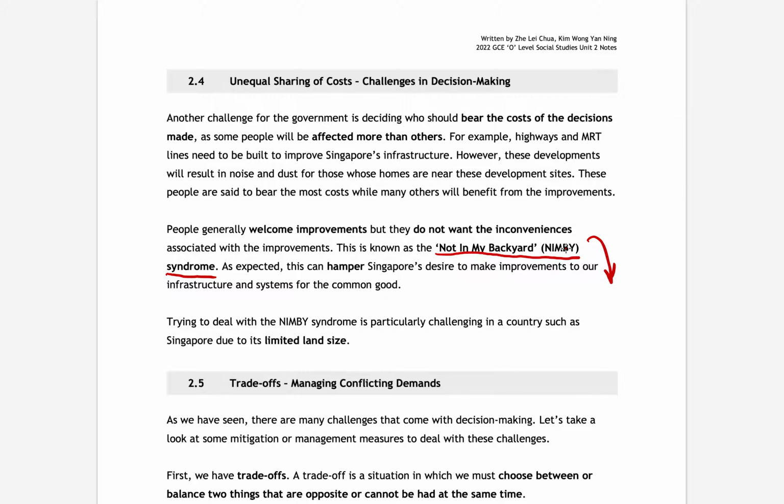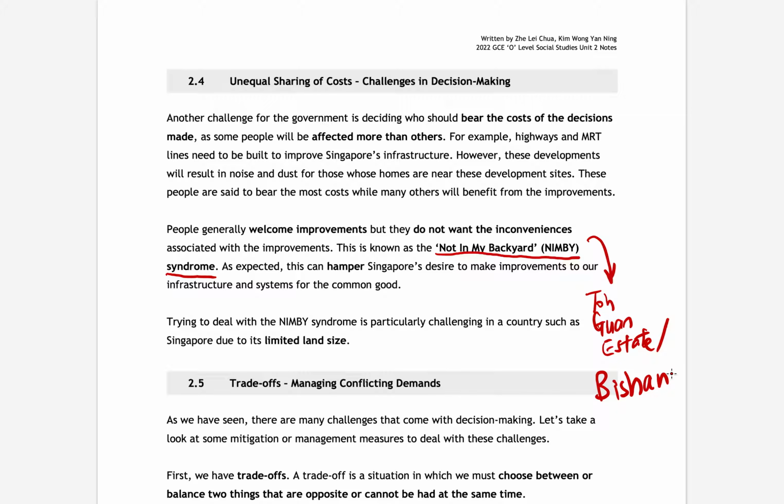For example, there was one at the Toh Guan estate, or there was one at even Bishan, right, where the government wanted to build these elder care homes, right? But the residents in the nearby area said, no, don't build the elder care homes. It's a massive inconvenience for the residents.